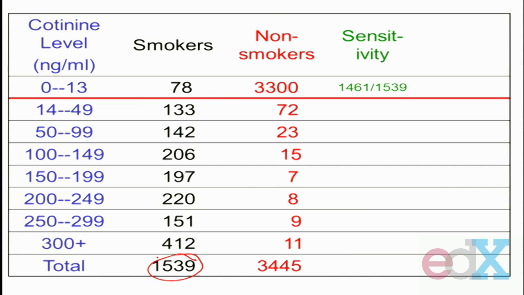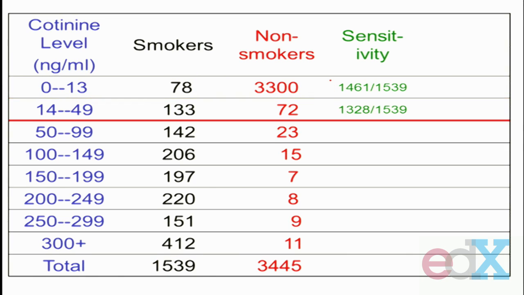So the sensitivity is, of those 1,539 smokers, we will lose 78 of them. So 1,539 minus 78 is 1,461. So we will be correct in 1,461 over 1,539 of the cases.